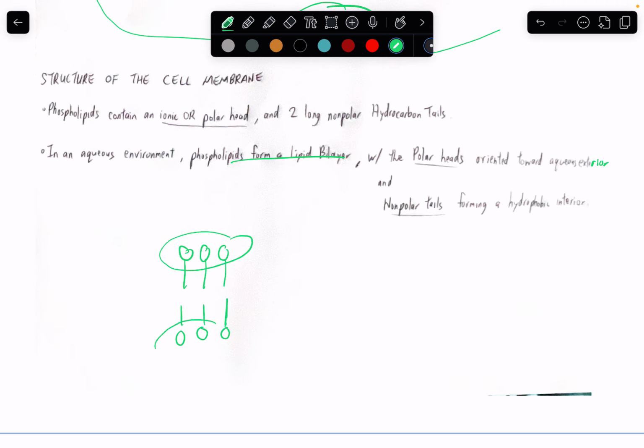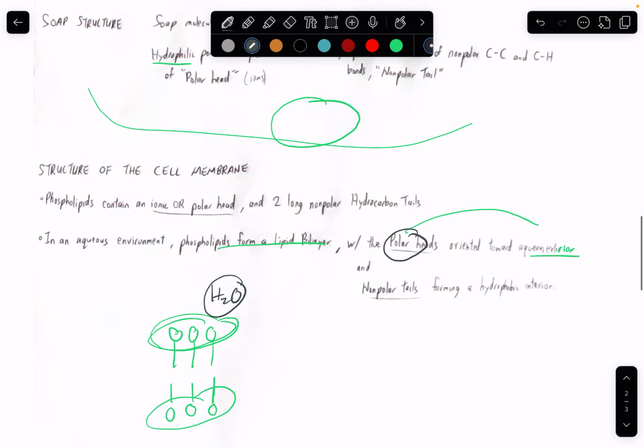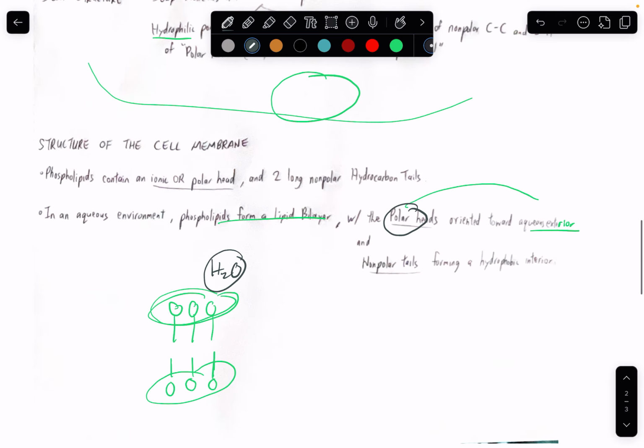So, ito yung heads. They are hydrophilic, and inside we have the hydrophobic tails, which are non-polar. Polar, ang exterior, yung heads natin, because I think it makes sense kasi nasa labas yung water, di ba? The head has to be polar because water is polar. I hope that logic is right. Just to be sure, you can research on that too. That's it.